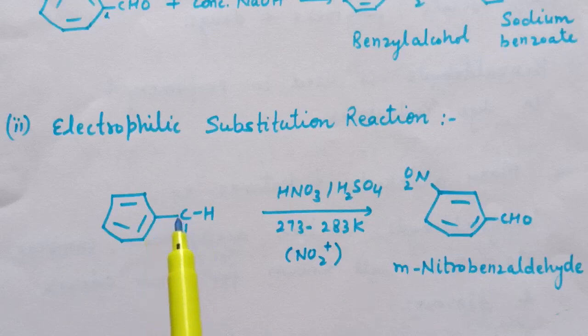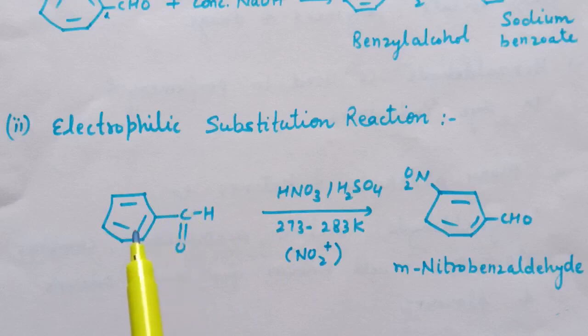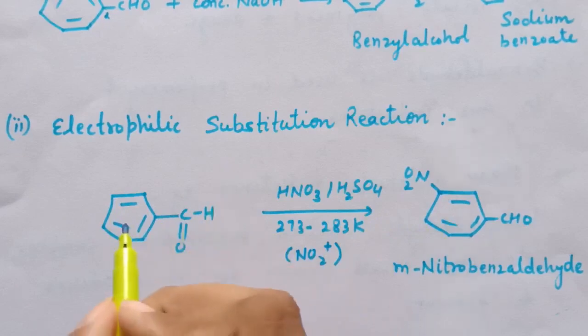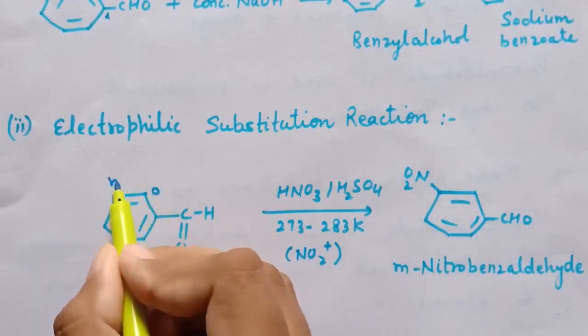Now when deactivating group is placed on benzene ring, then substitution will take place at meta position. So here when CHO group is attached to this benzene ring, this is deactivating group and therefore electrophile will substitute at meta position. So with respect to this CHO group, this is ortho position, this is meta position.